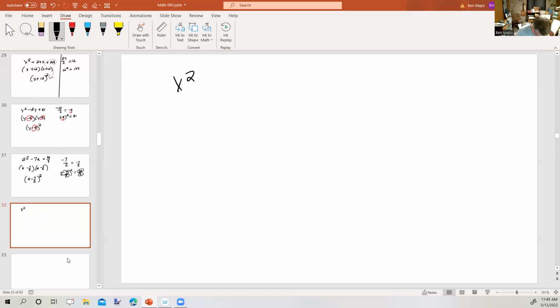x squared plus 2/3 x. All right. So I'm going to take the coefficient of x and divide it by 2, okay, which is the same thing as multiplying it by 1/2.